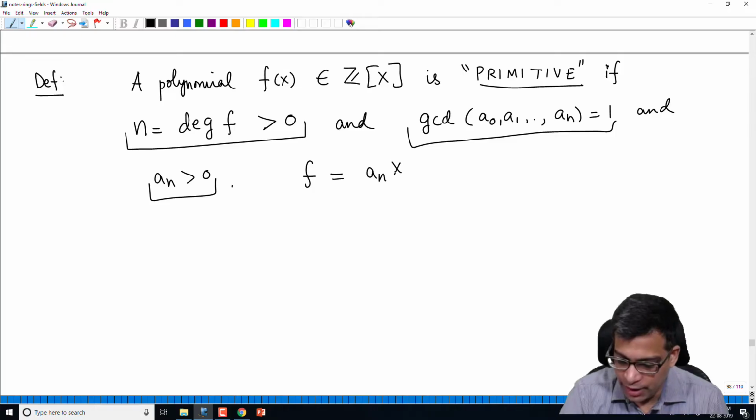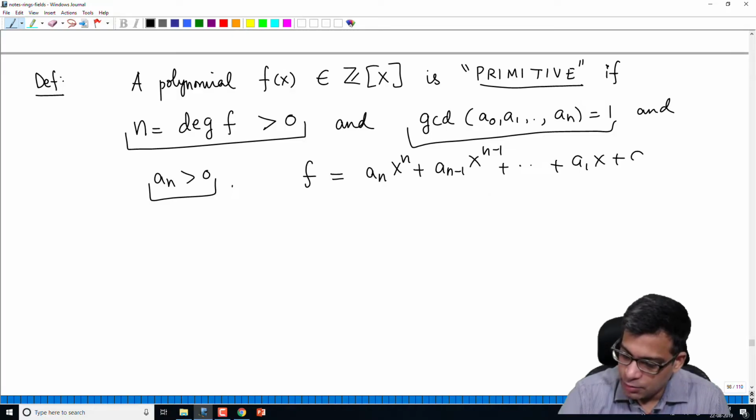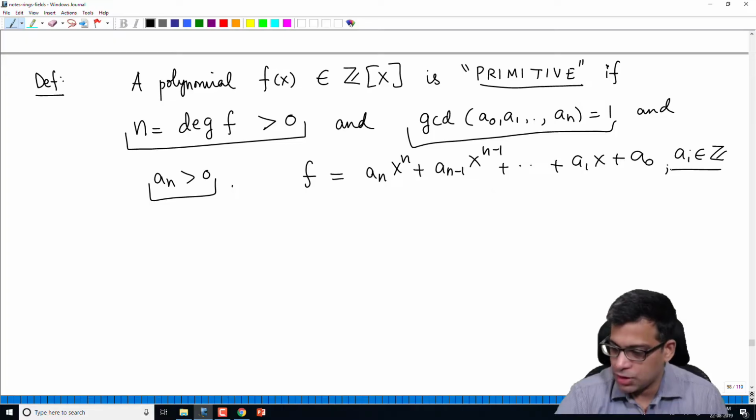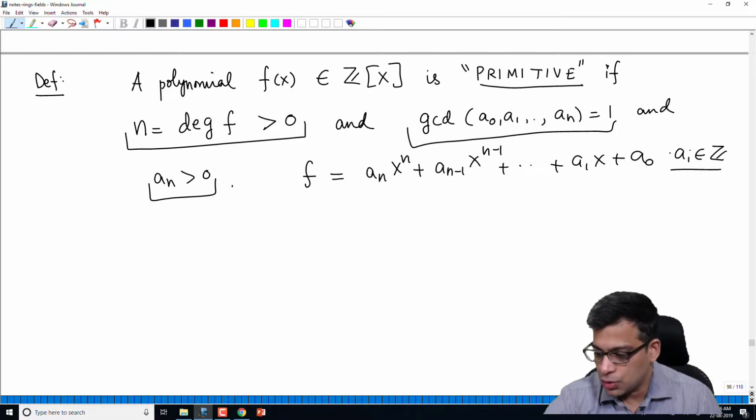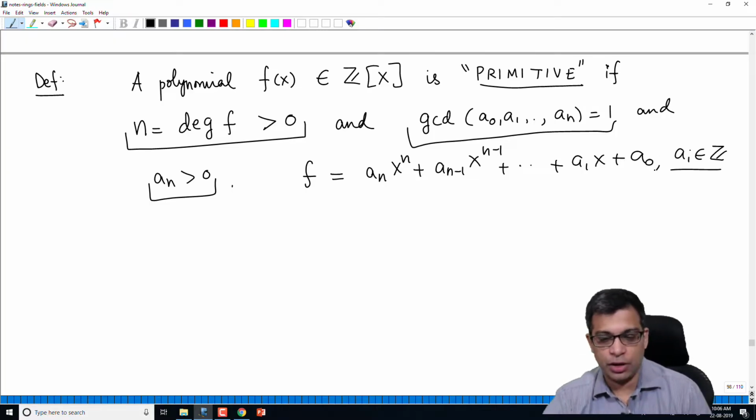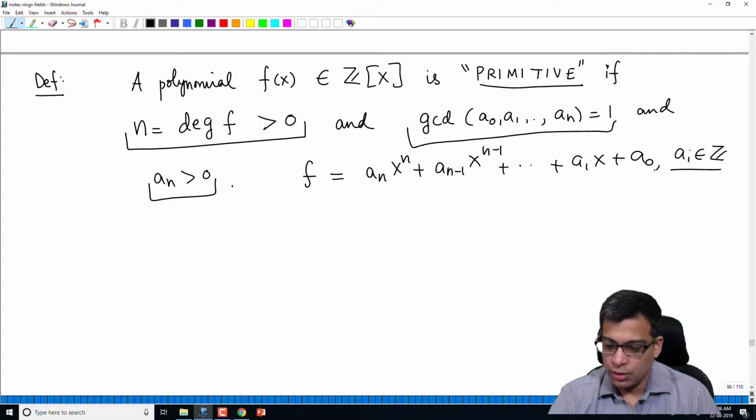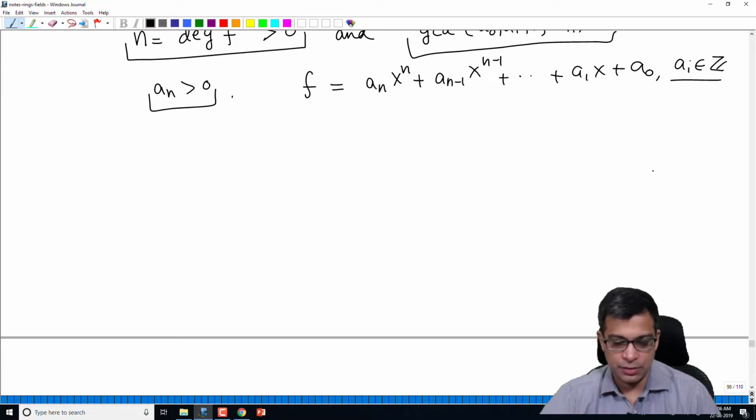So I am going to write f as a_n x^n plus a_{n-1} x^{n-1} plus ... plus a_1 x plus a_0. Remember, the a_i's are all integers because I am taking an integer polynomial. I want three things for a primitive polynomial. n is positive, that means the degree is positive. The GCD of all the coefficients is 1 and the leading coefficient is positive.